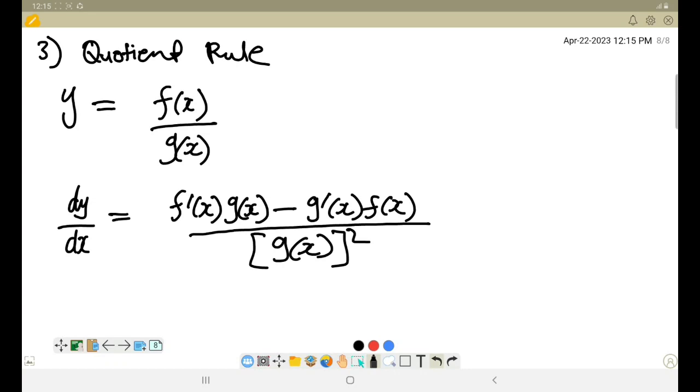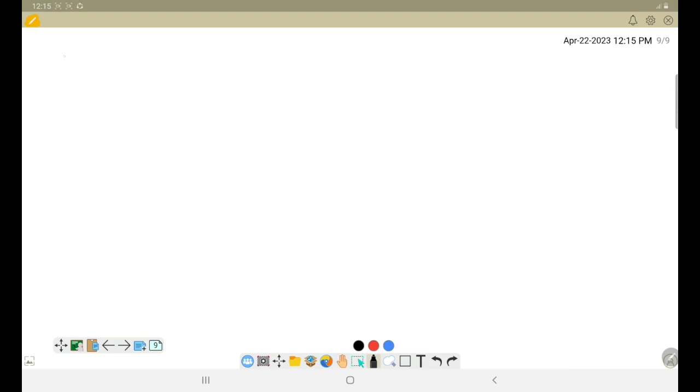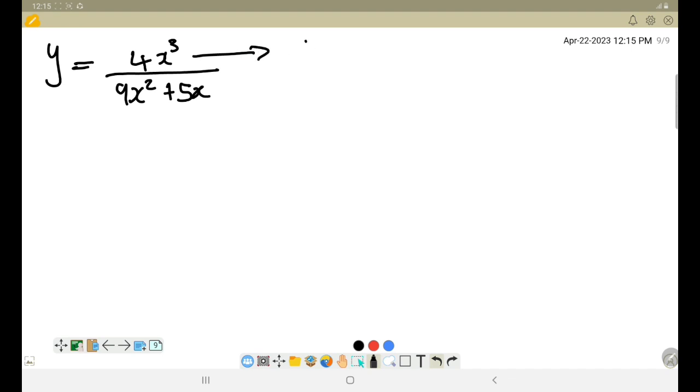So we can look at an example, of course, as we've been doing on the previous rules. If we have y equals 4x to the power 3 over 9x to the power 2 plus 5x. Here we can call the top our f of x, and then the bottom one we can make our g of x.